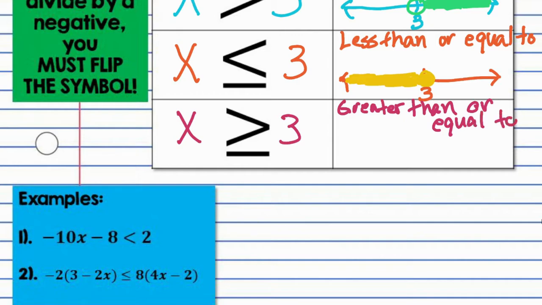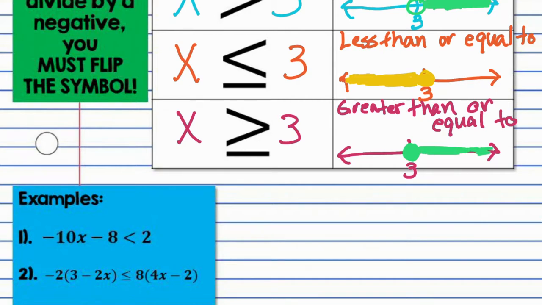You can think of that line as part of an equal sign, and that means we need to include that number. So again, here we have our 3. Let's draw our circle at 3. But remember, because it can also be equal to, we're going to color it in. And then I want all the numbers that are larger.